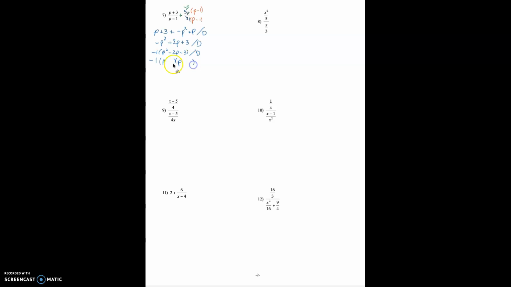Factors of 3 would be 1 and 3. And because it's a minus 3, I know the signs are different. I want it to be a negative 2p for my middle term, so the minus would go here with the 3, and the plus here. All right, so I have negative 1, that was my greatest common factor, times the quantity p plus 1 times the quantity p minus 3, and it's over p minus 1.